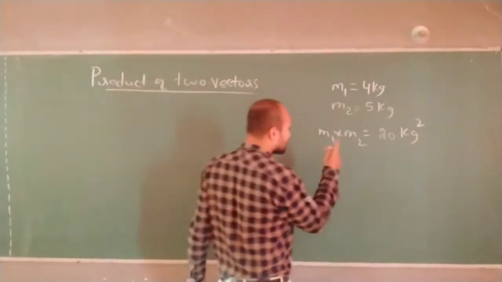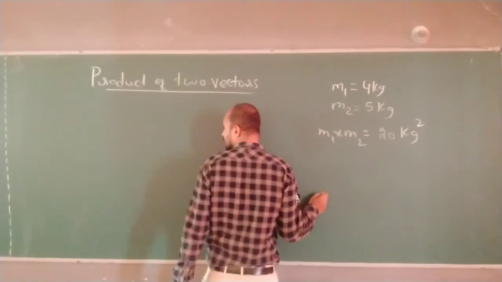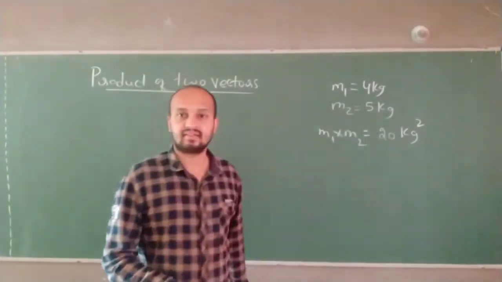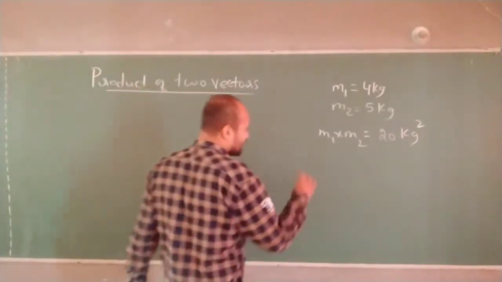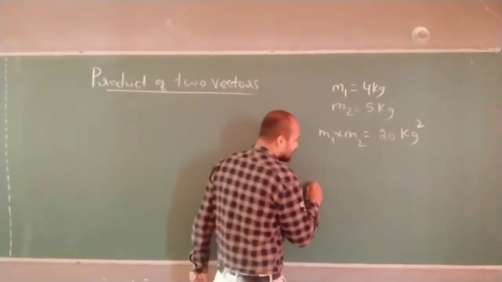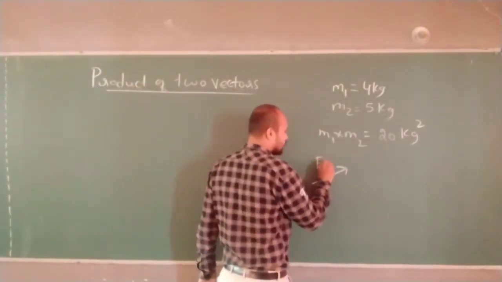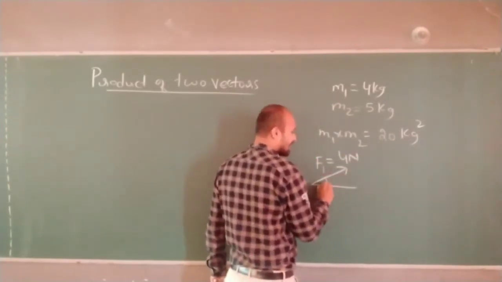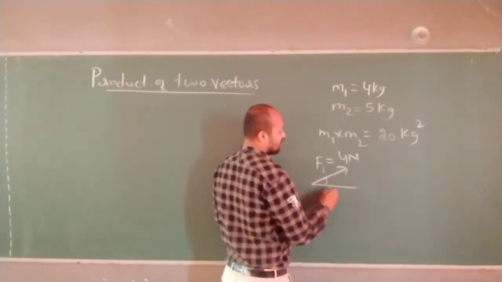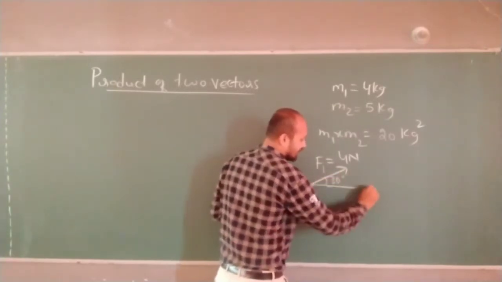Now let's come to vectors. Let me take one vector F1, 4 Newton. Think that this is making an angle of 30 degrees to the horizontal line.